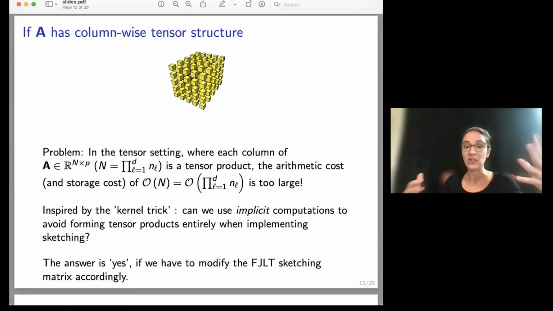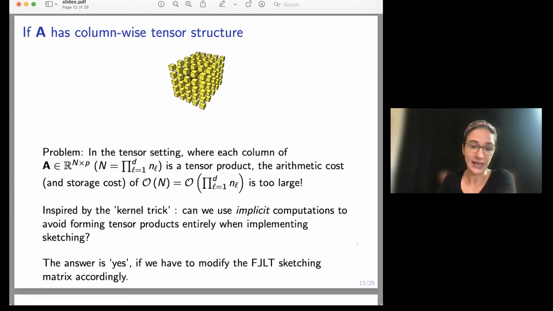As mentioned earlier, one of the motivations where these tensors appear is that we start with vector input and then lift them into tensors via polynomial kernels. Inspired by the kernel trick, we wonder whether we can use implicit computations, just as one does when one kernelizes in machine learning, to avoid forming the tensor input data in the first place.